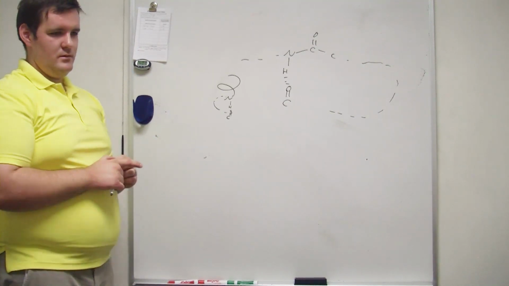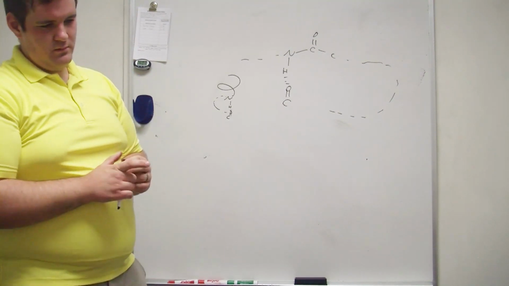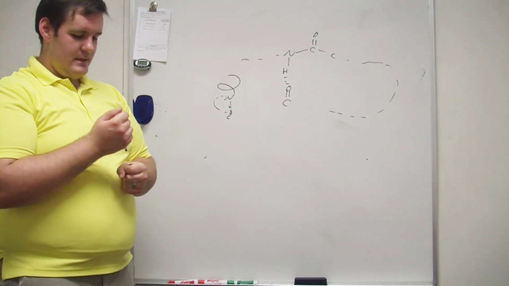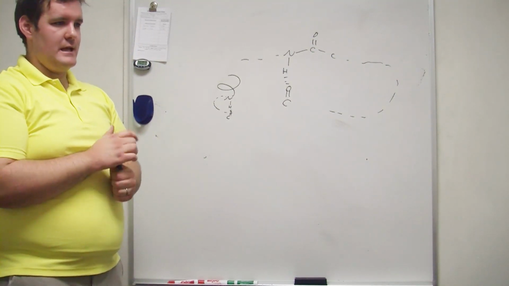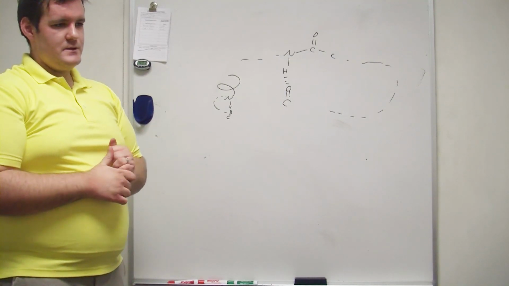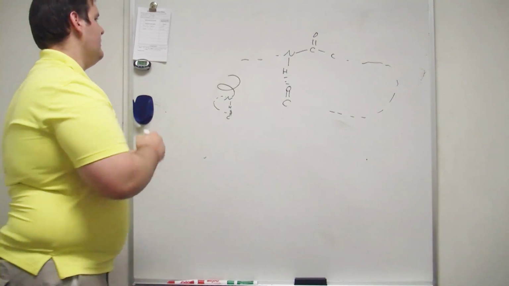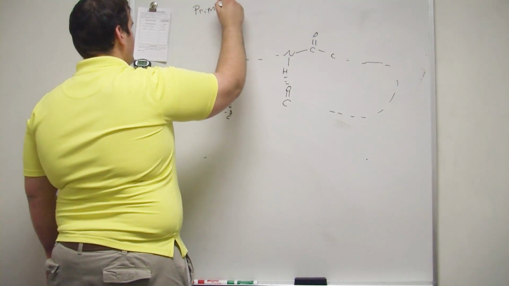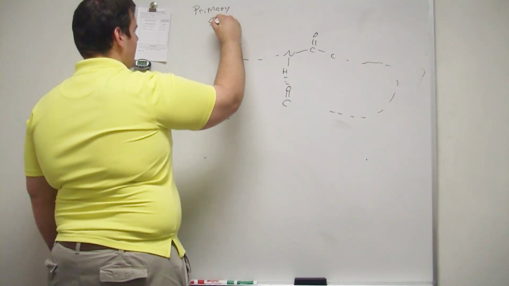So I guess where would I encounter a beta sheet? Is it just a form of a protein? Yeah, it's a secondary structure in an enzyme. Okay. So you have your primary, which is just the sequence of amino acids.